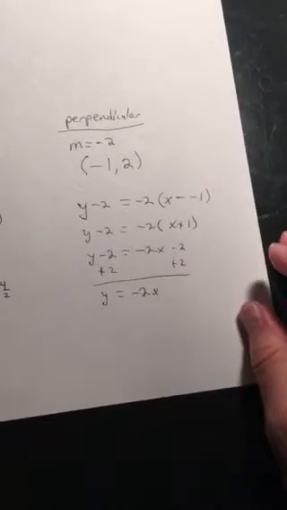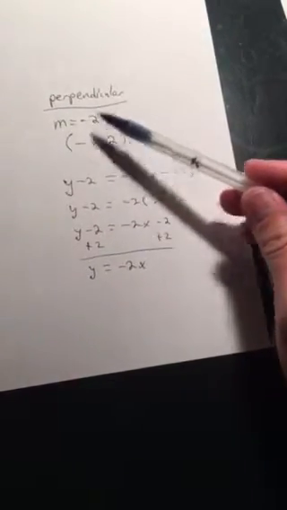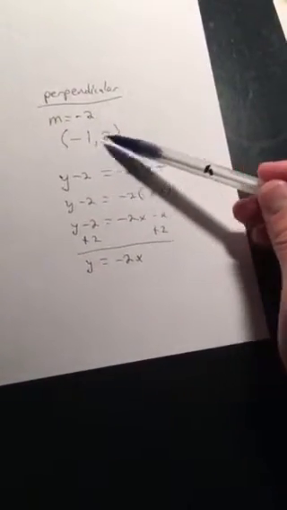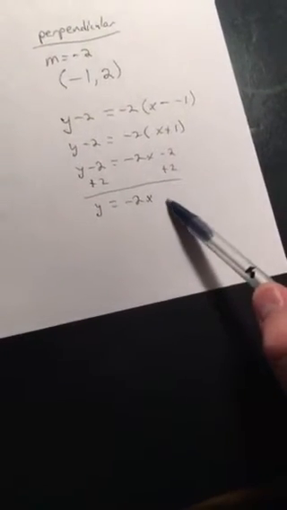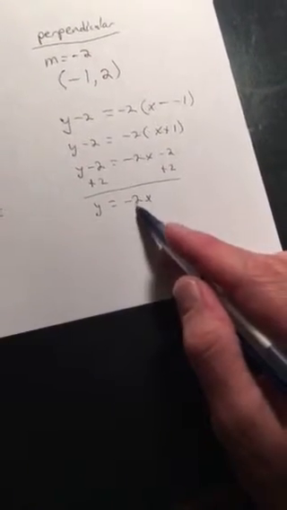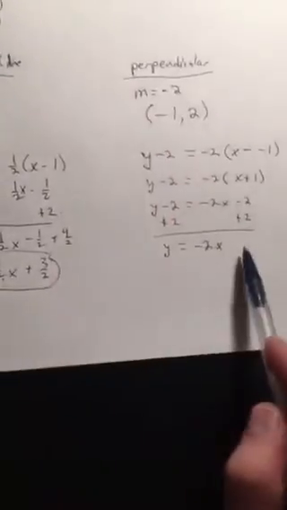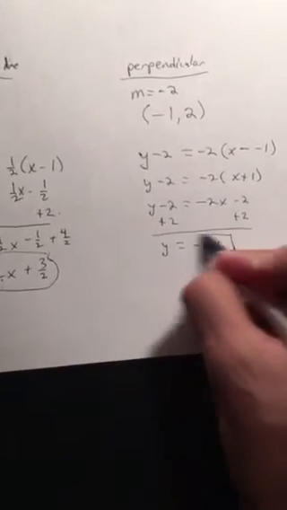And as long as I've done all of my algebra right, it looks like the line that has a slope of -2 and passes through the coordinate -1, 2 will be the line y equals -2x, which means it has a slope of -2, which means it's perpendicular to the other line up here, but the y-intercept will actually be 0.